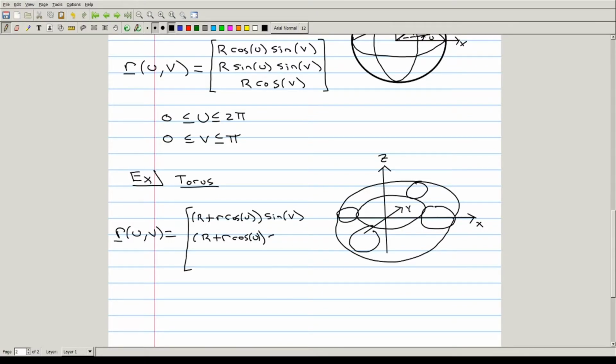Oops, this first one shouldn't be sine, it should be cosine of v right here.